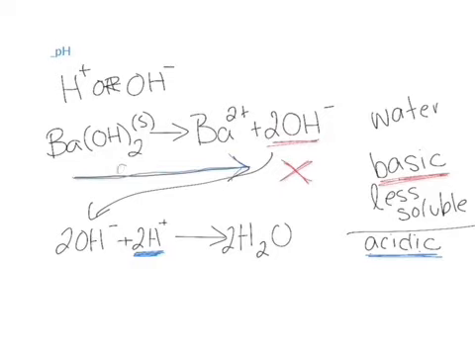In an acidic solution, it will drive this way because the OH minus will react with the H plus to form H2O, thus taking it out of this equilibrium overall. And remember, if you decrease the concentration of a product, you will drive the overall equilibrium towards the product side. So if you put barium hydroxide into an acidic solution, this will make barium hydroxide more soluble.